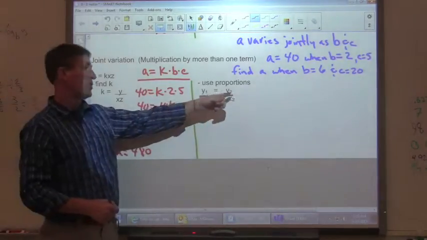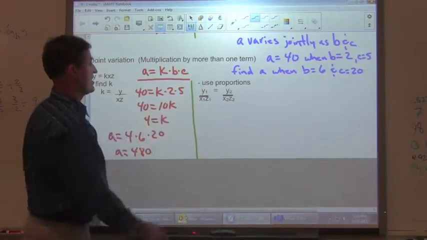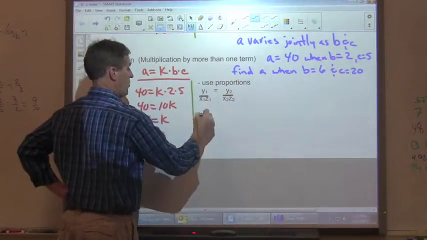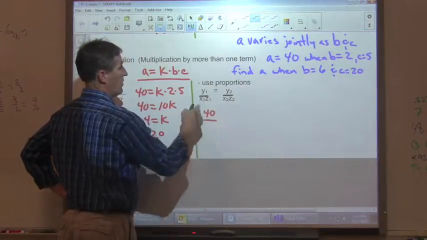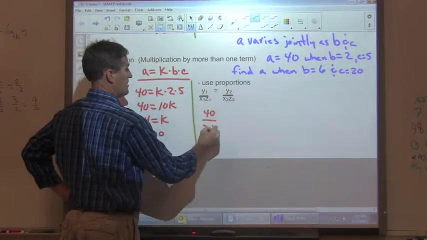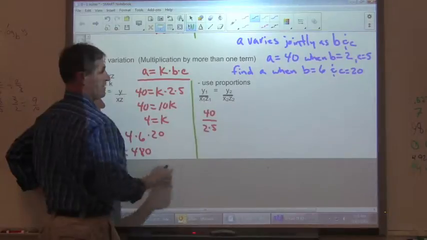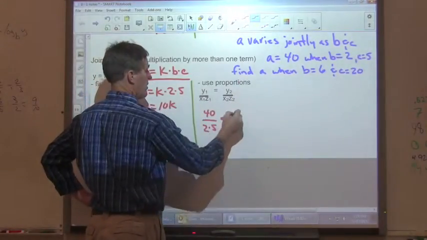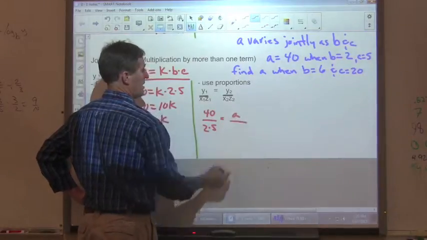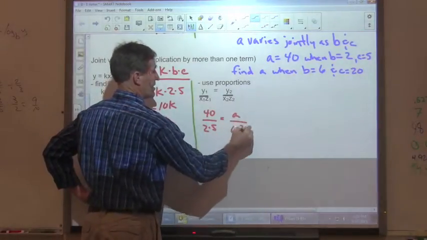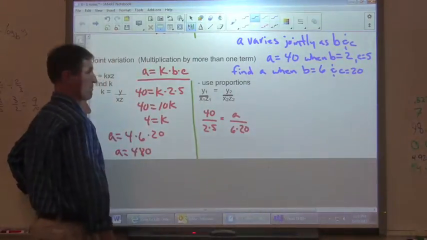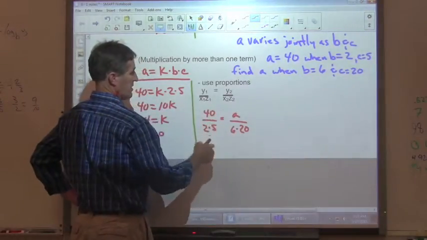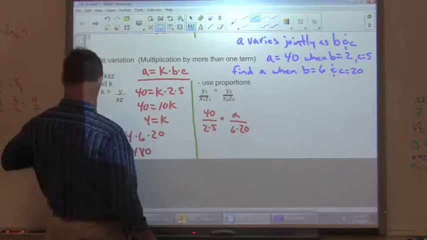We can use proportions. In our proportions, it's our y1, which in this case is our A, 40, over x1, which is 2 times z1, which is 5, equals y2, that's what we don't know, our second A, over 6 times 20. So we cross multiply. Let's go ahead and rewrite this.